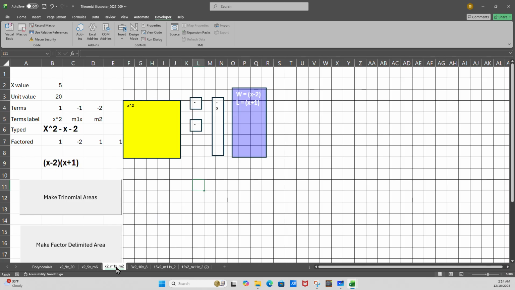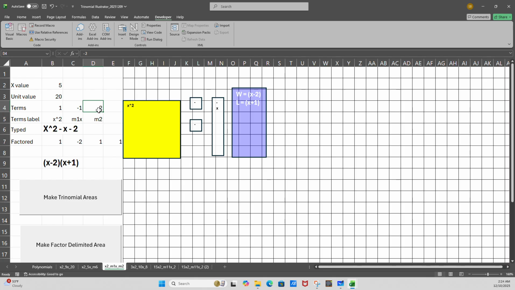If we pick another example, like this one here, where we have x squared and negative x, and we have -2. We have two negative terms here, and we factor it. The middle term is negative, and since the second term is also negative, we have to have one of each factor, like a positive and a minus, right?